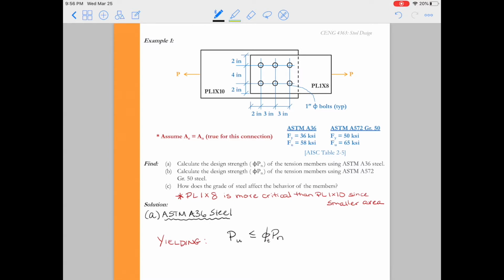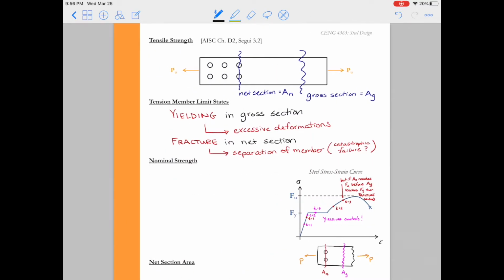And I'll add a little sub t there on phi. That's just phi for tension members. All right, we know if we look up in chapter D in the AISC manual, we'll find that phi for yielding is 0.90.